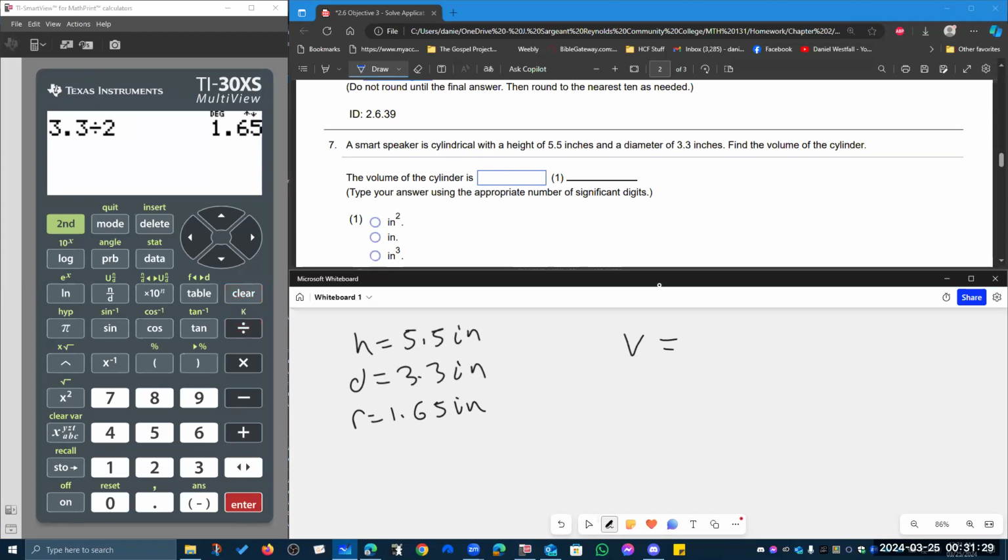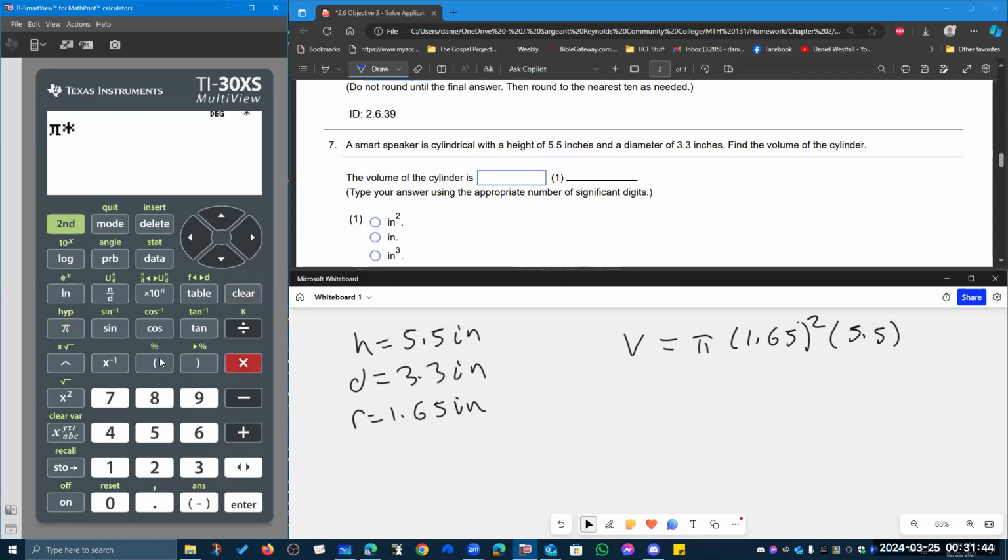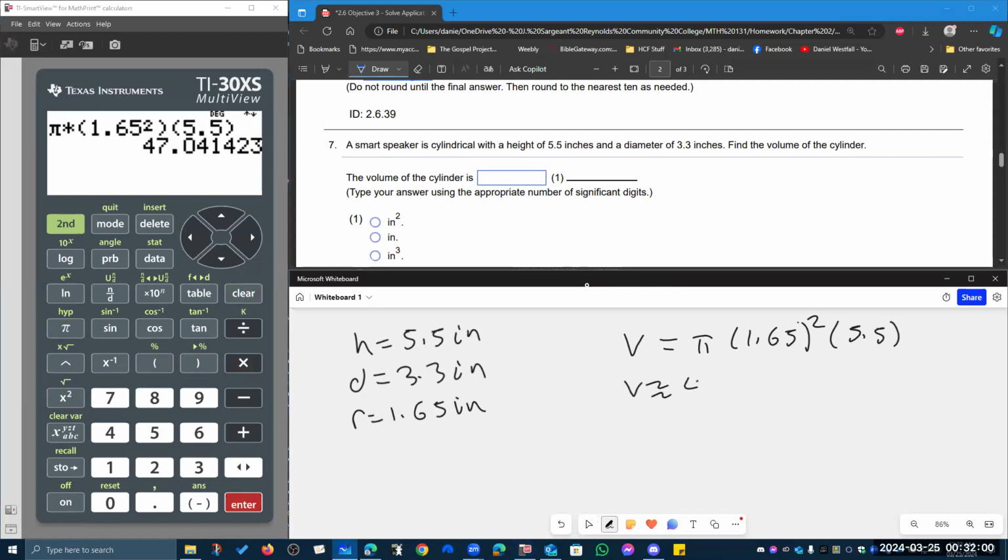So V is going to be pi R squared H. It's pi times 1.65 squared times 5.5. We're going to use two significant digits here because everything started off in two significant digits. Volume is about 47 cubic inches.